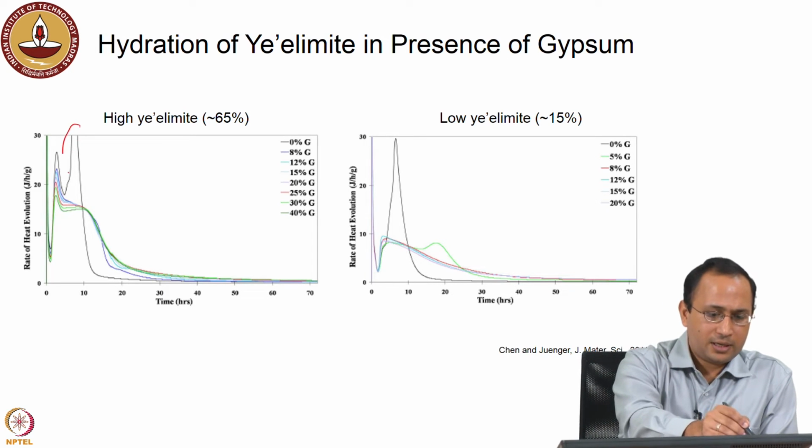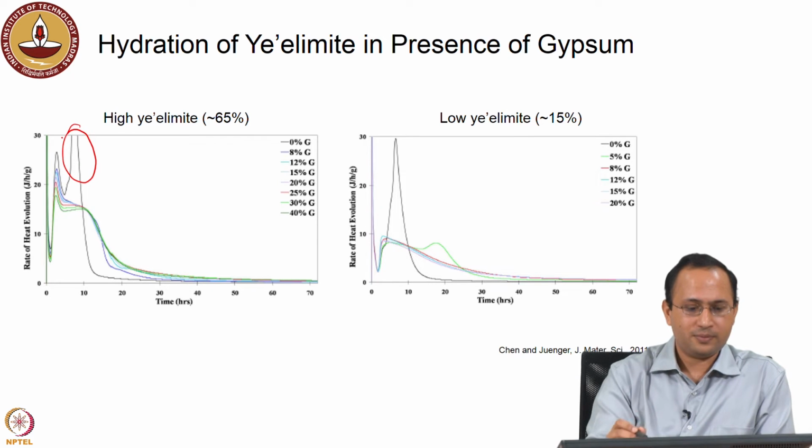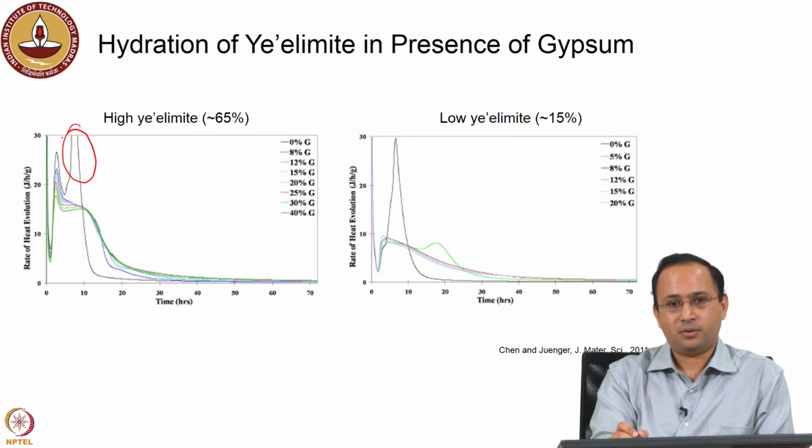You see first this peak, it's because of gypsum depletion. When the gypsum is depleted, this C4A3S or yeelimite hydrates very fast, right, and releases a lot of heat. The same phenomenon happens in Portland cement. When you run out of gypsum, your C3A can hydrate very fast, and the reaction is very rapid, so you want to control that.